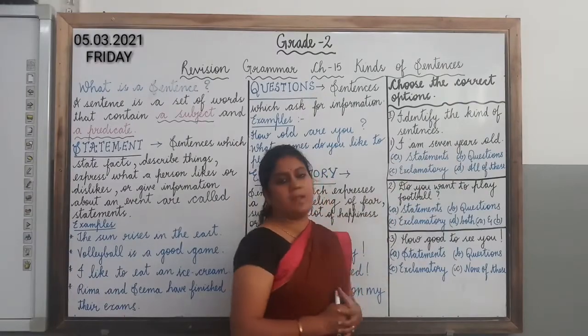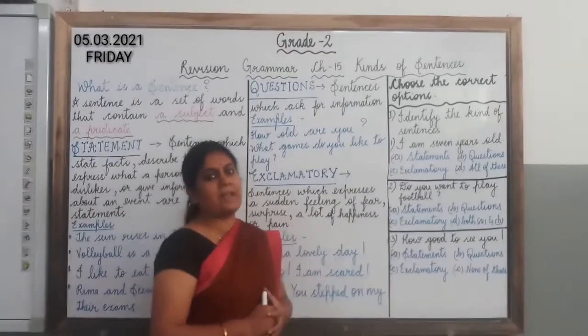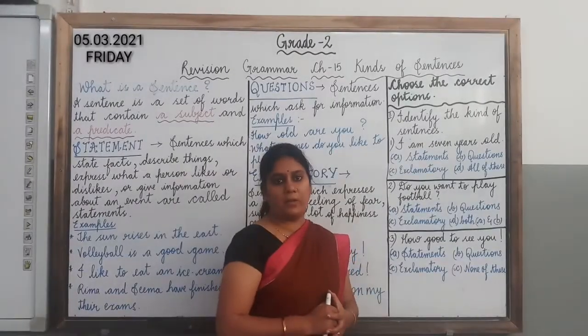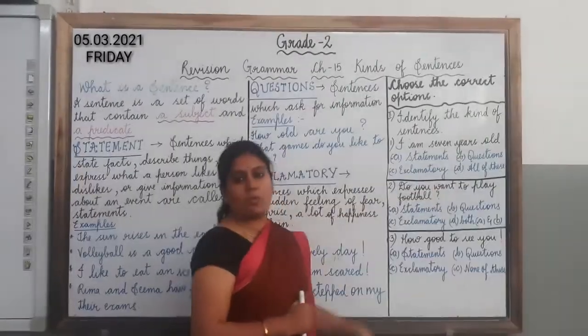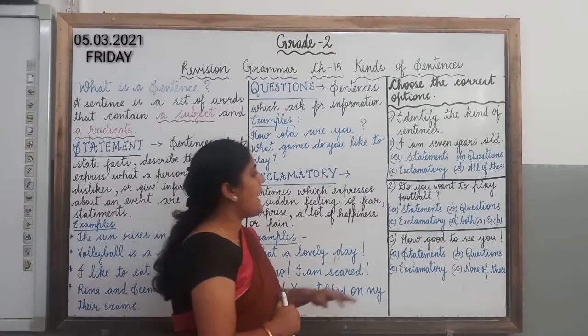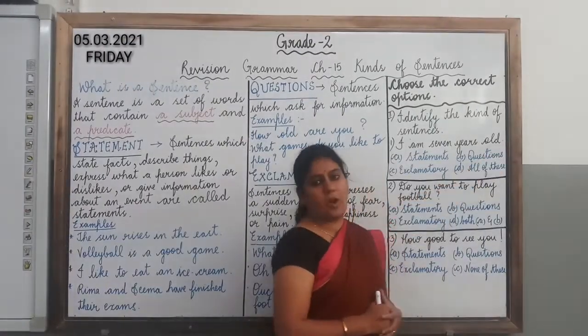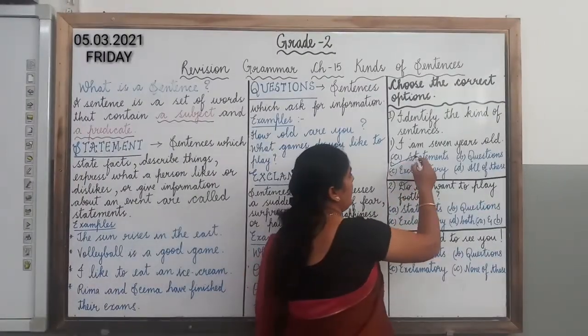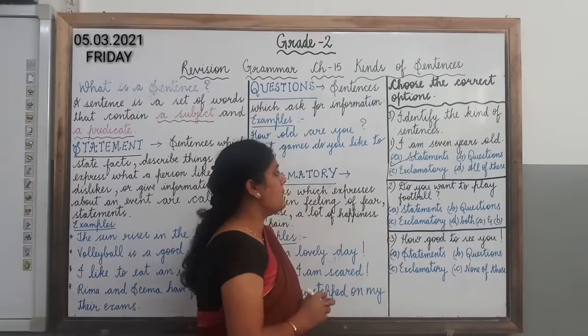I am 7 years old. Now this sentence is a statement. Okay. As it is true, it is fact that I am 7 years old. And at the end you can see full stop. So option number A is correct, that is statements.